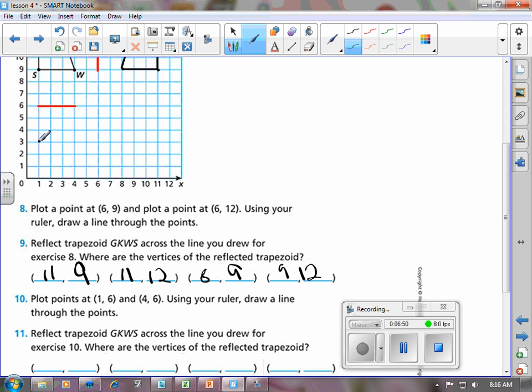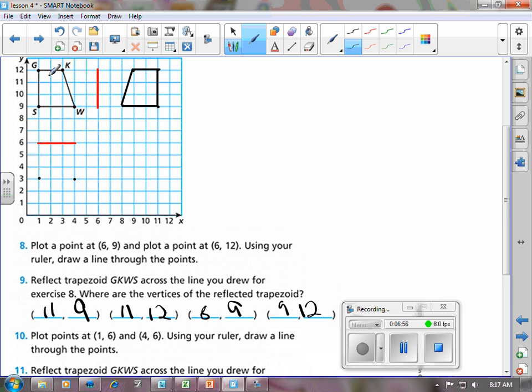So 1, 2, 3 away. Put my S dot. I'm gonna bring W down. Okay. That being said, then I go up 3, which puts me on 1, 0, and 3, 0. And then I'm gonna again use my straight edge and connect my points. And I have my new shape that's reflected across.